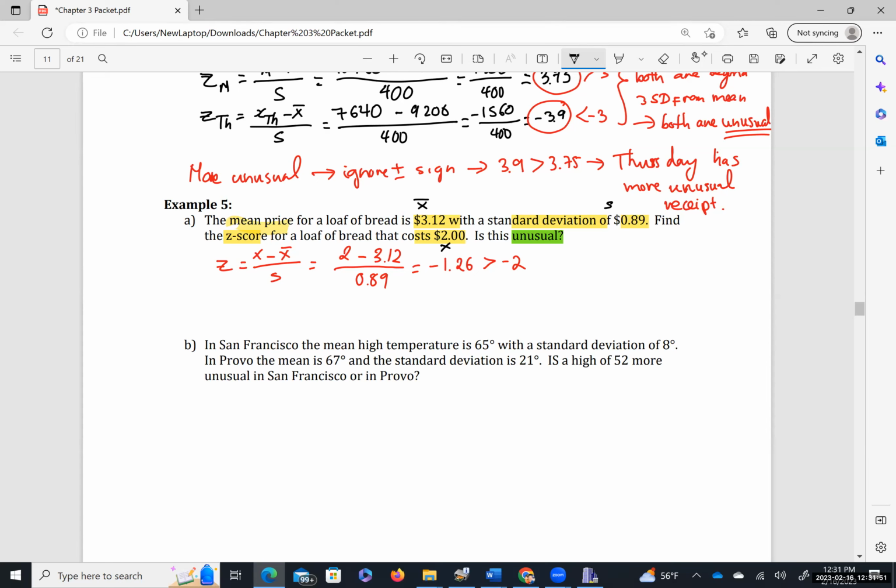So this value is actually not unusual, right? So I would say $2 is not unusual.